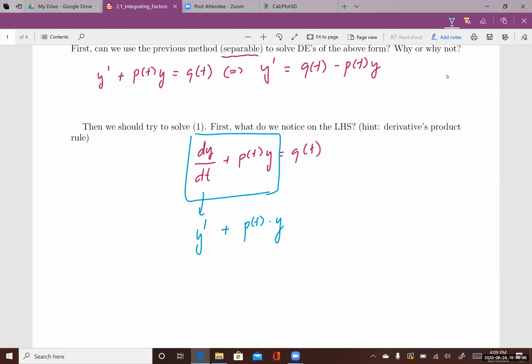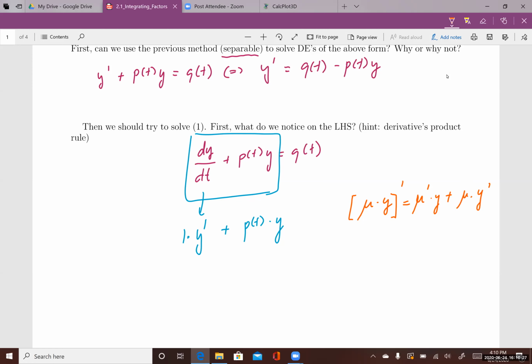And remember, if you have a product, you have y prime, you have y, and you have a function, and this is multiplied to 1. So if you think about the product rule in derivatives, it will be something like this. Let's imagine you have mu times y, two functions in terms of t, and if you find the derivative of mu times y, it will be mu prime times y plus mu times y prime.